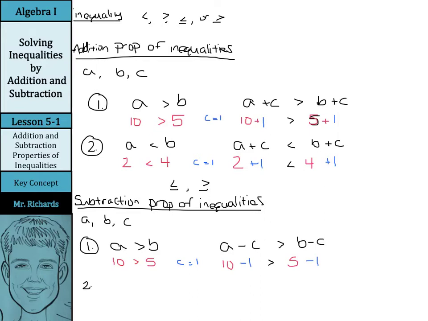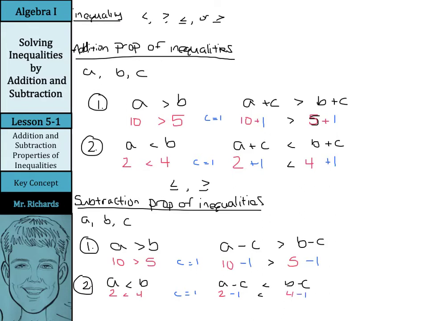In the second, similar to addition, if A is less than B, then A minus C needs to be less than B minus C. And if we look at our numbers again, if 2 is less than 4 and C equals 1, well, 2 minus 1 needs to be less than 4 minus 1.